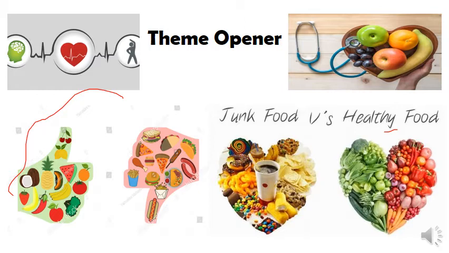From this picture, what can you infer? What can you conclude from this picture? We can conclude that the healthy food is great for our health and for our body, while the junk food is harmful and leads to disastrous health effects.